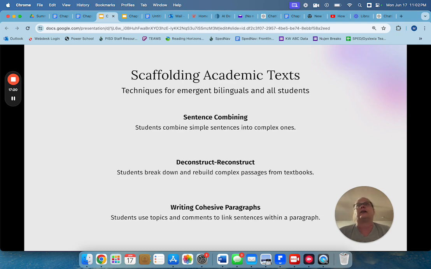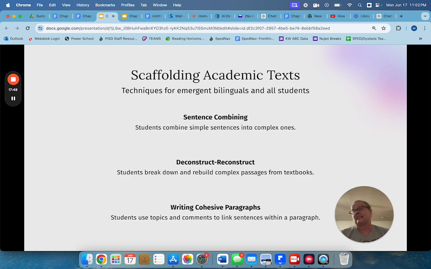So we can look at, my name is Melissa, I'm a teacher. And I could use this as more like, my name is Melissa and I am a teacher. I know it's still very simple, but I've added in that combining and made it into something more complex.